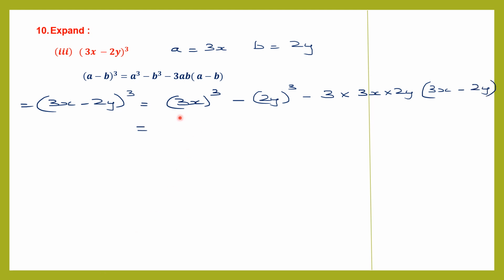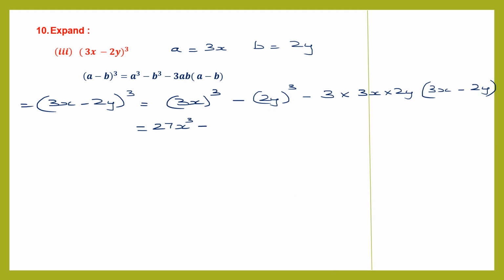So the first one here, 3x to the power of 3 will be 3x into 3x into 3x. Now first the numbers, 3 3s are 9, 9 3s are 27. Then x into x into x is x to the power of 3. So let's write that 27x to the power of 3 minus, now here we have 2y the whole raised to the power of 3.